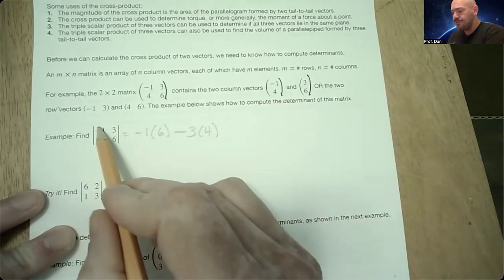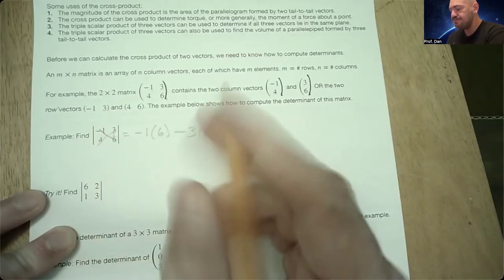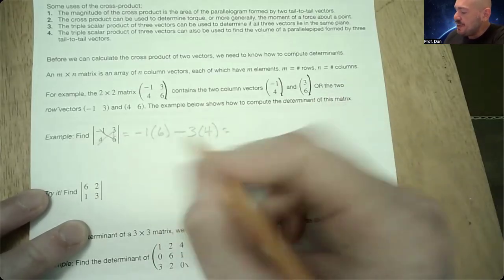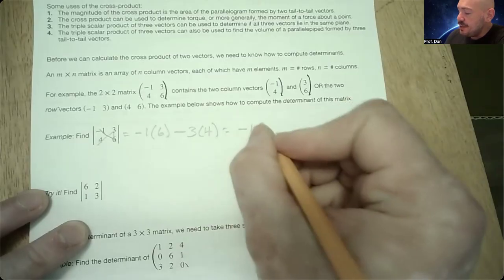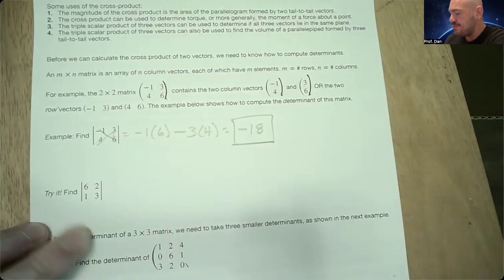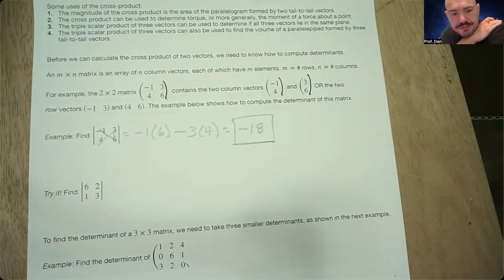So this one minus this one. When I combine these, I end up getting -18. So that is the determinant of that 2 by 2 matrix.